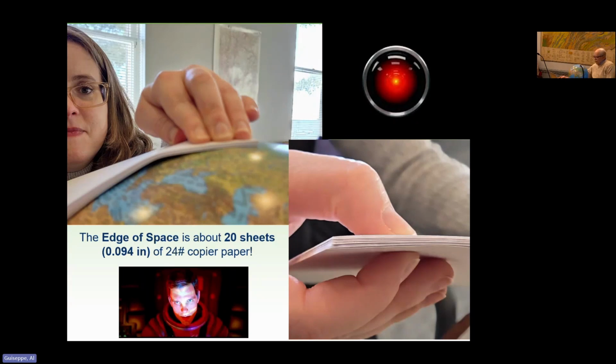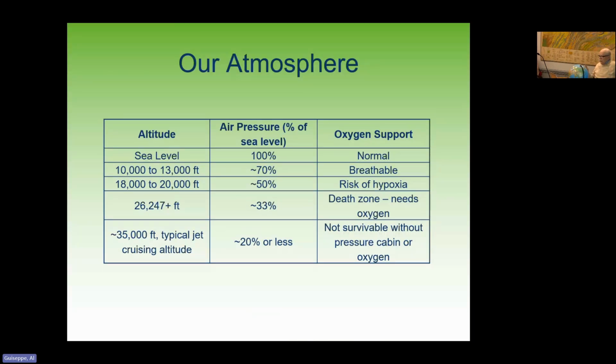So why not go a little bit more here? Our atmosphere. At sea level, we're at 100%. Up to 13,000 feet or so, it's still breathable, at 70% air pressure. The reason I'm using air pressure is that the concentration of oxygen is still the same, still 21% as you go up.